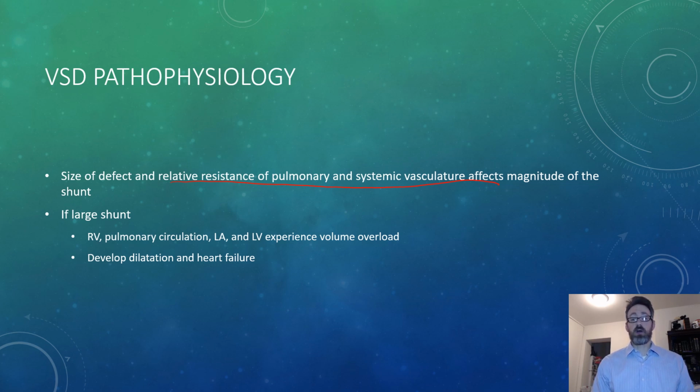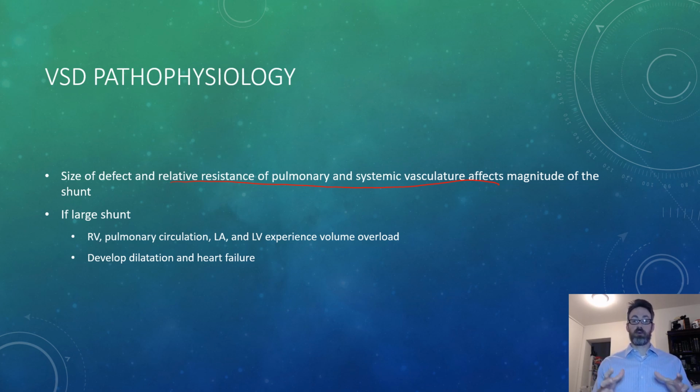The same thing goes with the pulmonic side, because in the beginning, remember, the pulmonary vasculature is a very low pressure system. But if over time that pressure builds up and it becomes more hypertensive due to all this volume overload and hypertrophy, that can increase the pressure enough to affect the right ventricular pressures, because the right ventricle can't eject into the pulmonary vasculature as readily.